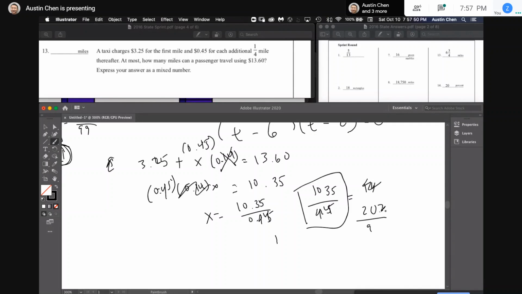And then the top is divisible by 9, right? Because its digits sum to a multiple of 9. So we're gonna try dividing it. So that would be 23. So we drive 23 1/4 miles, but we want to find the number of miles that we've driven. Well, that's just going to be this amount divided by 4, right?